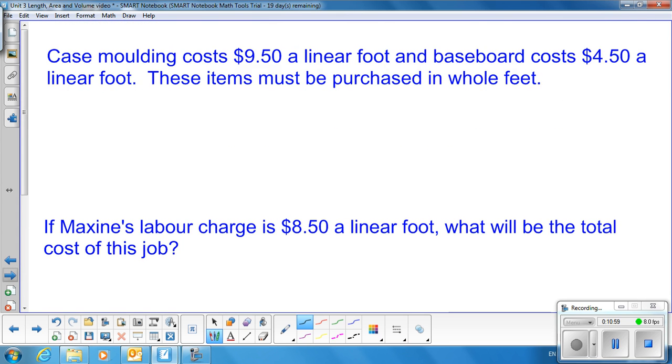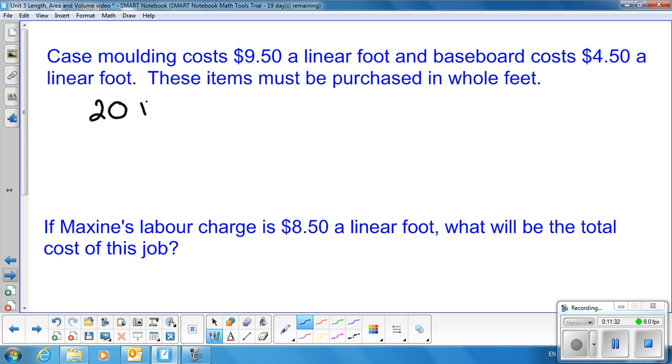Case molding costs $9.50 a linear foot, and baseboards $4.50. These items must be purchased in whole feet. If Maxine's labor charge is $8.50 a linear foot, what will be the total cost of the job? The first cost incurred is the cost of actually purchasing the baseboards and the casing. We know from our previous page that we need 20 feet of case molding.